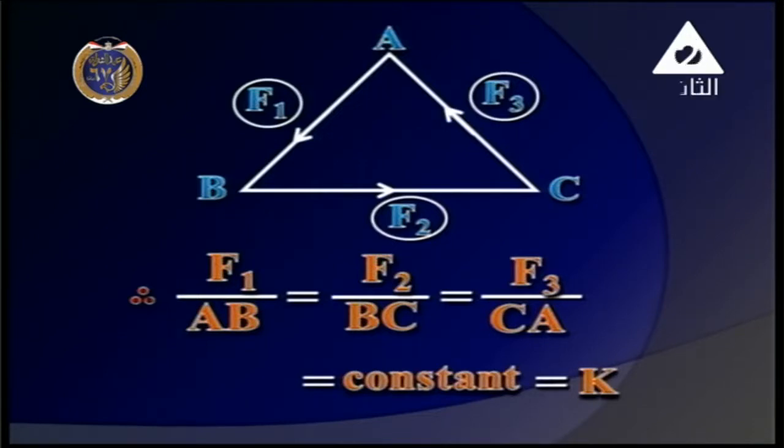In this case F1 acts on AB, F2 acts on BC, F3 acts on CA. Therefore, three forces act on the sides of a triangle in cyclic order, and there is a constant relation between the force and each side, its value K.